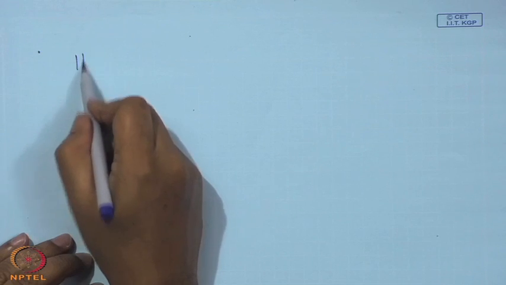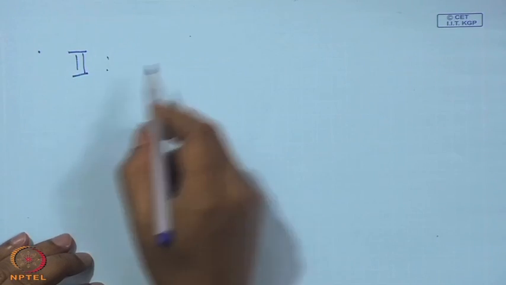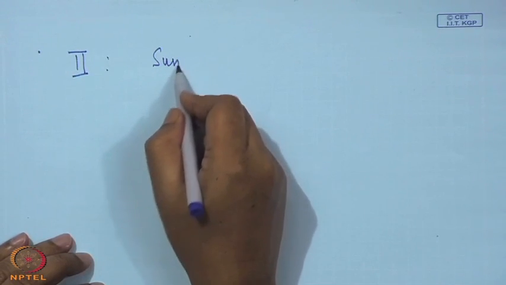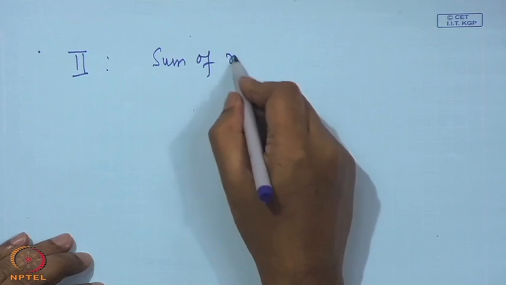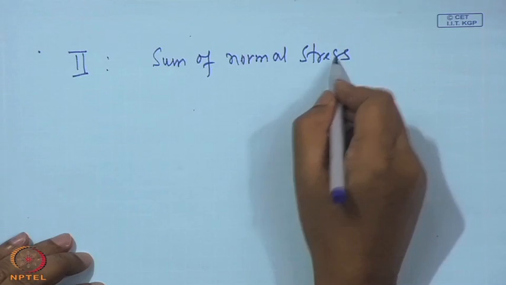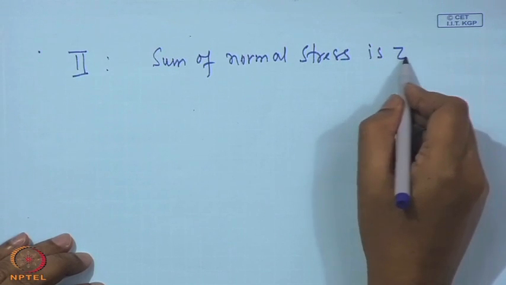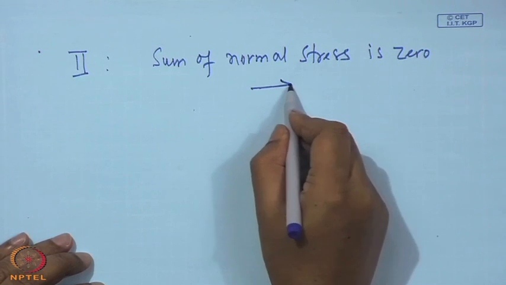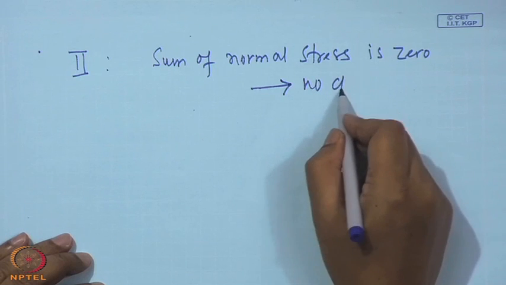So, write the second part: sum of diagonals or sum of normal stress, the result, sum of normal stress is 0, no change in volume.